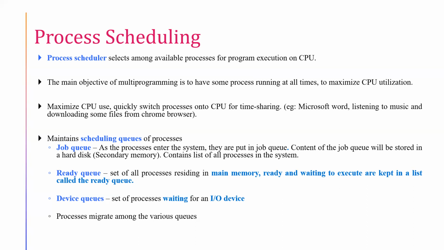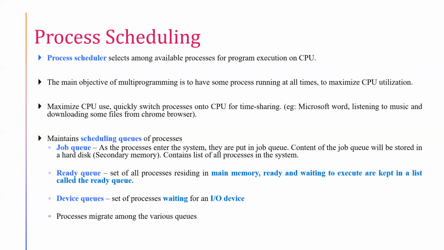The first queue we have is the job queue. As the process enters the system, it will be moved to this particular queue. Once the process enters the system, we take that process and put it in the job queue. The content of the job queue will be stored in the hard disk, which we call the secondary memory.